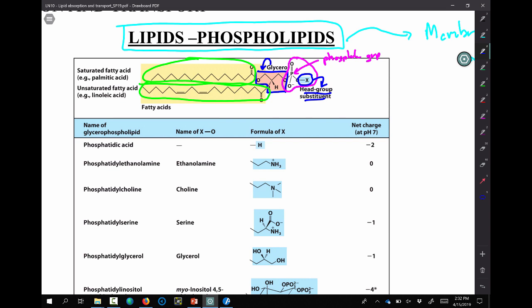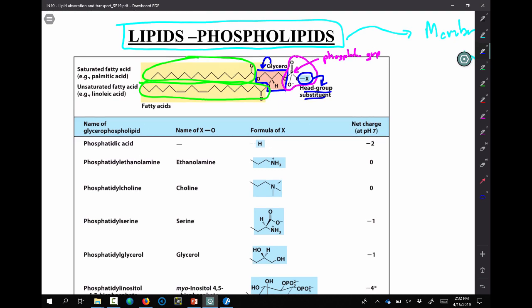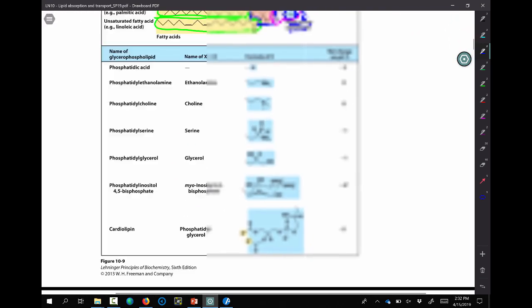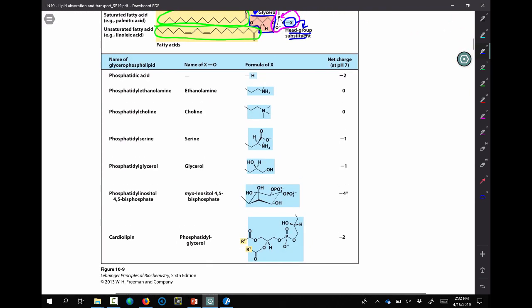Phospholipids. Phospholipid bilayer. You've all heard of the phospholipid bilayer, right? It makes up our membrane. This is what that is. I don't want to spend a ton of time looking at this, but that head group, X, can be a variety of different things. It can be as simple as this hydrogen atom. We call that phosphatidic acid.